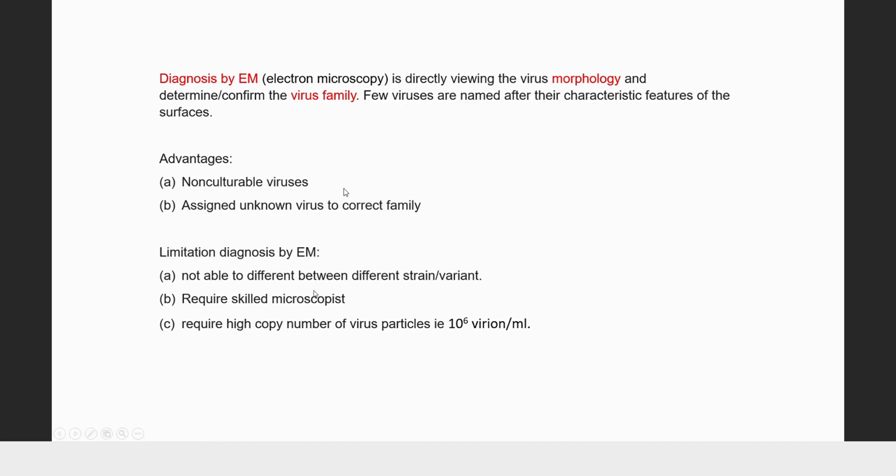And in order for us to observe the virus, it requires a very high copy number, that is 10 power of 6 virions, meaning that our sample has to be really concentrated. If we only have a few hundred particles, it's not enough. So I would say that this technique is less sensitive. It's specific but less sensitive.